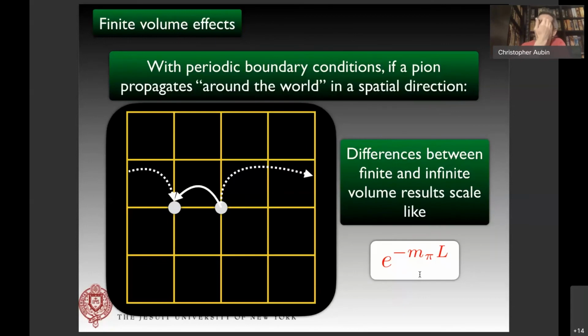A lot of times you'll see lattice results saying our M-pi-L is 4.2, or 6, or 2.5. Standard lore tells us that we really don't want an M-pi-L much less than 4 in order to minimize finite volume effects. Doesn't mean people don't do those simulations, but again, standard lore.